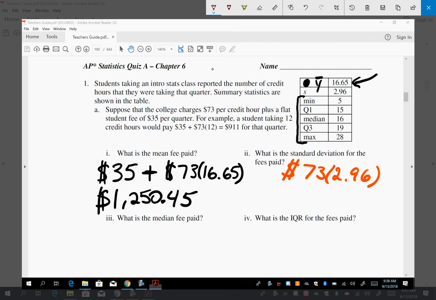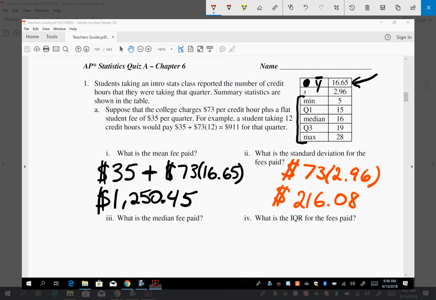And that will be our standard deviation for the amount they paid to go to this college per quarter. 216.08. Very good. So $216.08. Is everyone clear on why that work was different? I want to make sure you're all clear, because you will have to do this tomorrow.